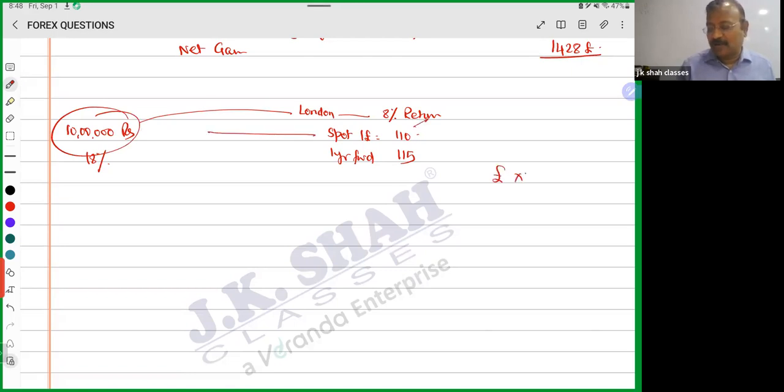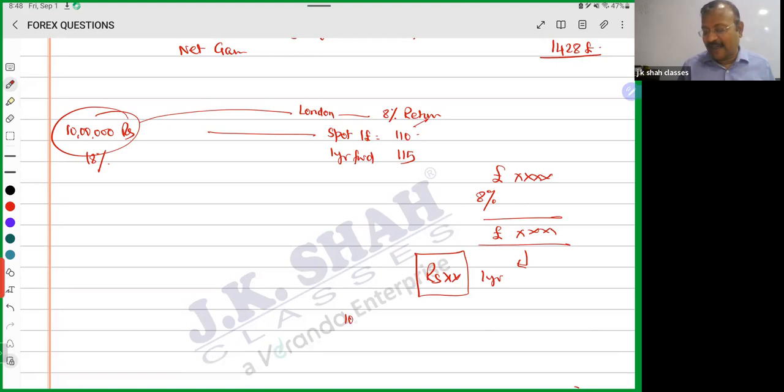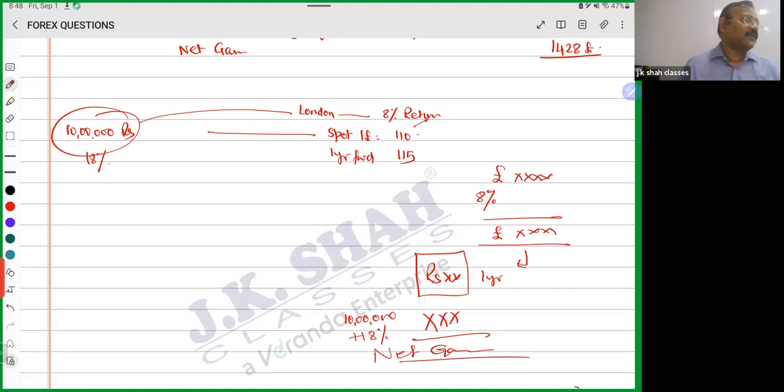So you'll get some pounds. On top of that you will earn 8% interest. So you will get some pounds, which you will convert at the 1 year forward rate into rupees. You will get some rupees, right? And from this rupees, you will minus 10 lakh plus 18% interest, some rupees. This will give you the net gain. And this is exactly what we did here. Okay. Chalo.